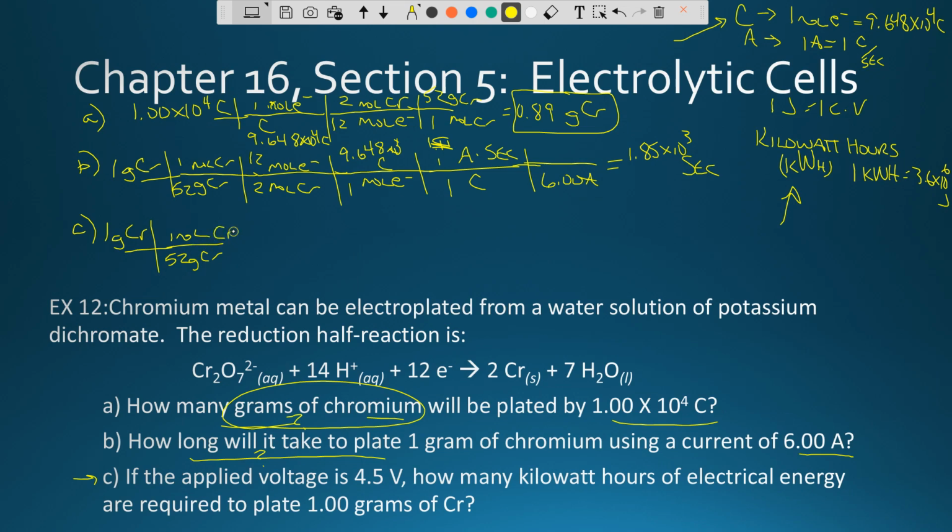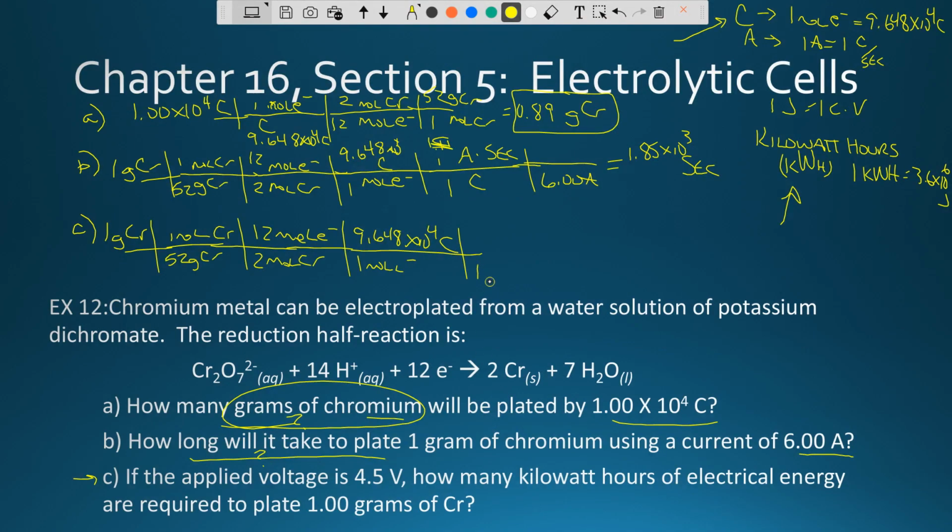I was going to shortcut it, but this is actually pretty fast. It's not too bad. We have 2 moles of chromium to 12 moles of electrons. And then 1 mole of electrons to 9.648 times 10 to the 4th coulombs.